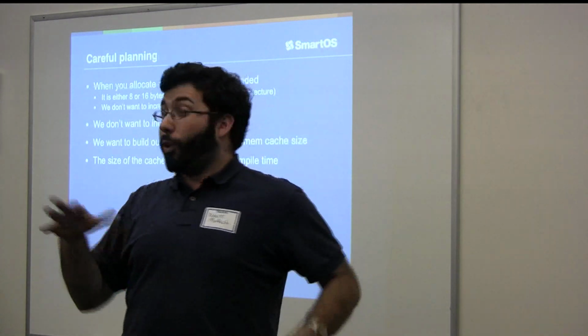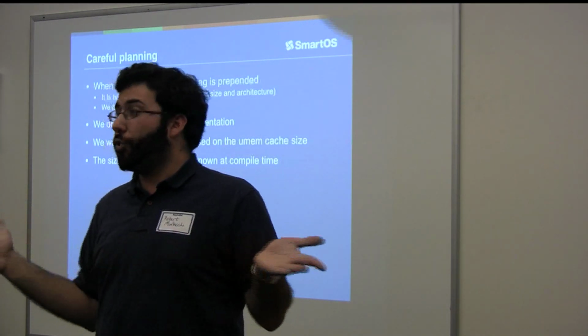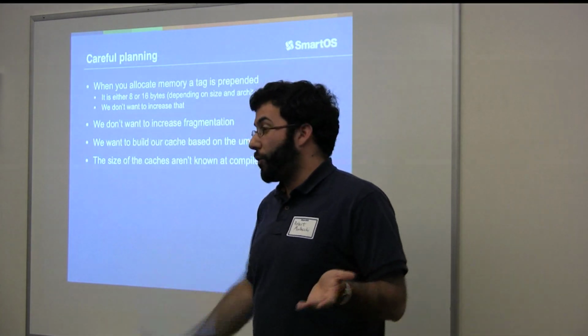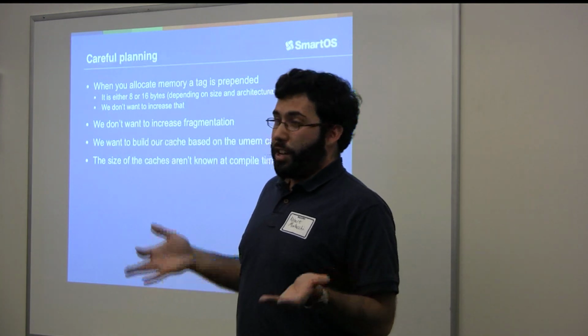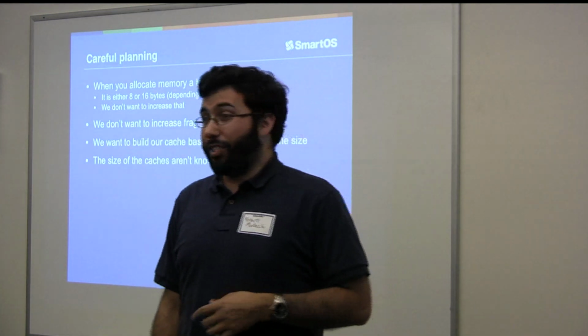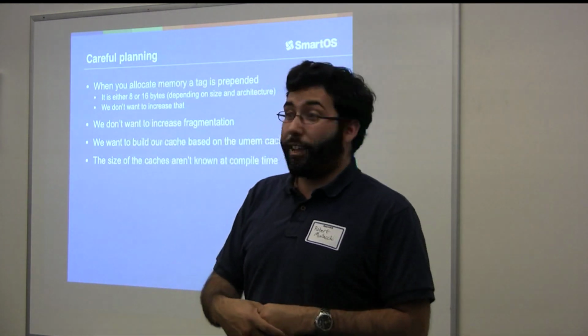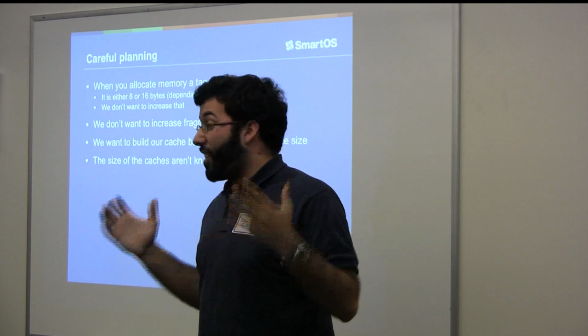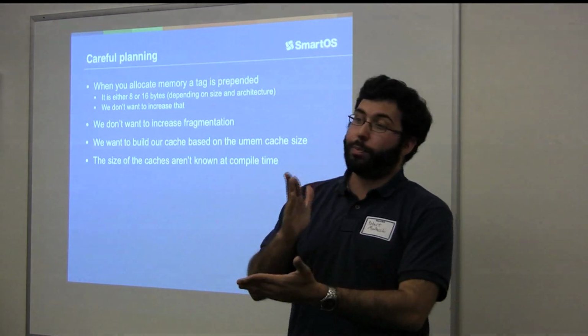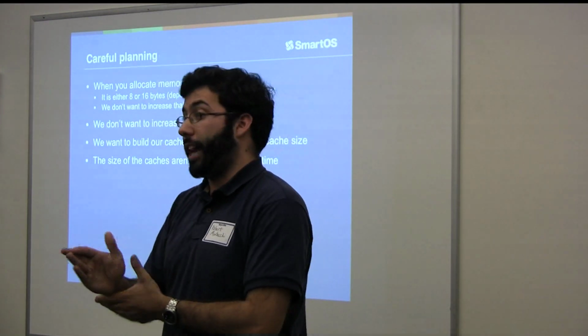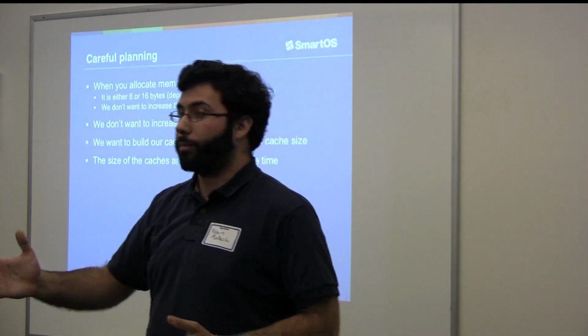Unfortunately, or fortunately, depending on your point of view, you can actually tune the size of the caches that exist. So if you know your application is going off and doing lots of 10-byte allocs or lots of 4K allocs or 4005-byte allocs, you can create a specifically sized cache for that at runtime as part of starting up your program.